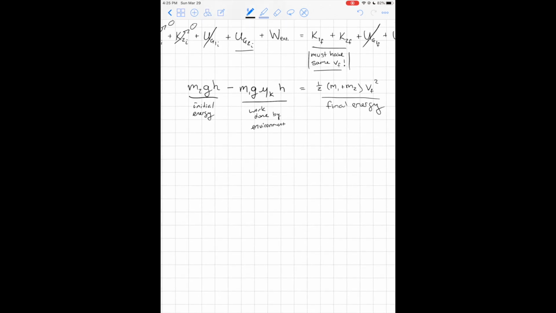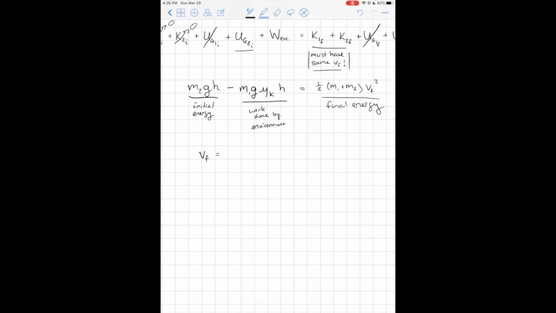All right, so at this point we can start to solve for Vf. I've kind of flipped the two sides. Let's pull a g out maybe. g times m2h minus m1 mu k h. Yes, I could have pulled an h out too. This is silly.